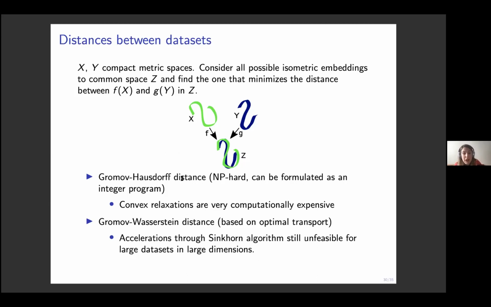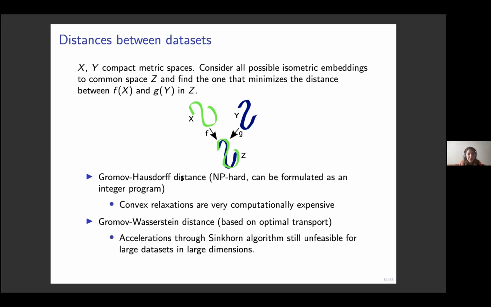Computing this Gromov-Hausdorff distance is simply hard, but you can formulate it as an integer program if your data sets are finite. And you can consider convex relaxations. I studied some convex relaxations of this problem before, but they are computationally very expensive. It's like impossible to run most of these convex relaxations in a reasonable amount of time for many points.